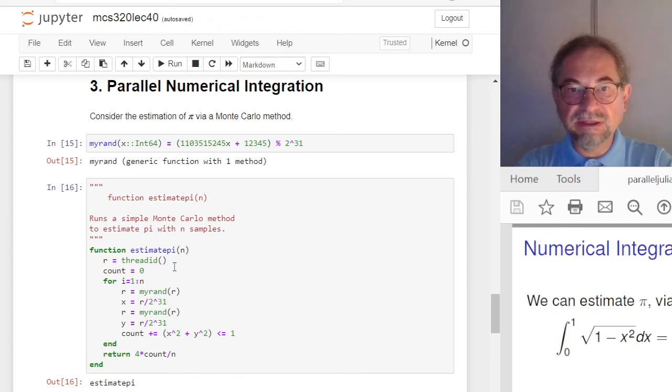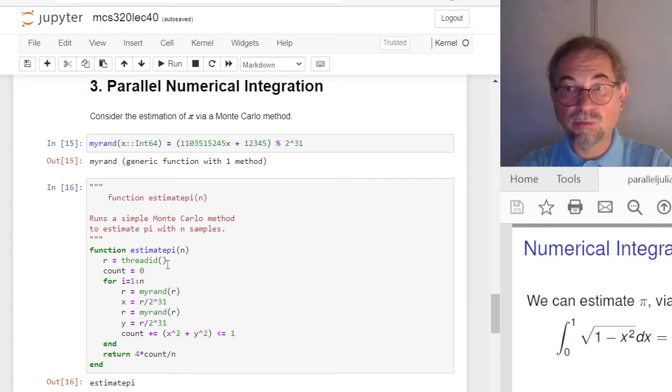Now, the random number generator takes in an initial number and does a linear combination with this. So every random number generation has a seed, and the seed for the random number generator is based on the thread ID, the identification number of the thread.